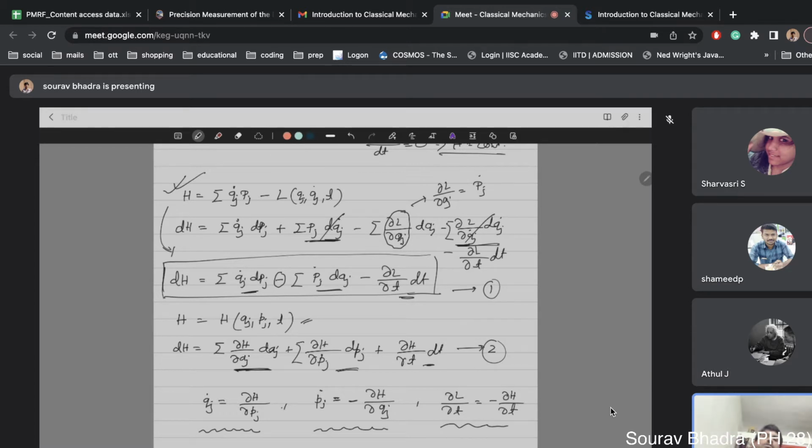Now suppose you have a system like a harmonic oscillator, and it is not a function of time. In that case your H will be a constant of time, and H will also be the total energy of the particular system.